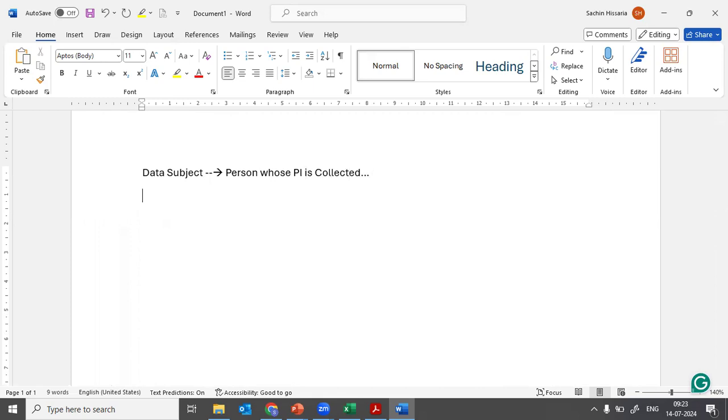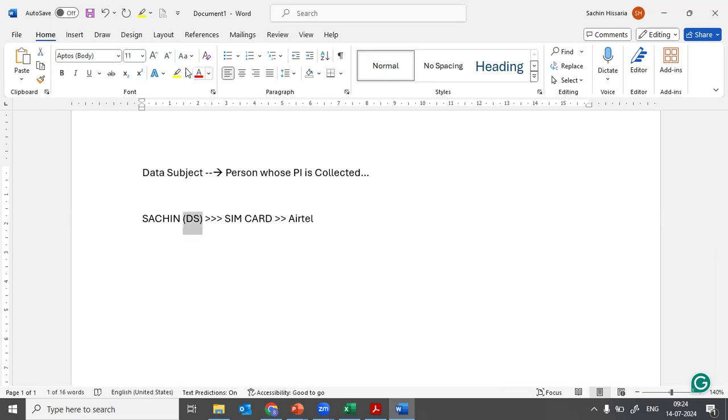For example, I am Sachin Hissaria. I went to buy a SIM card. I went to buy a SIM card with the Airtel company. Now, in this case, I am a data subject because I have shared my personal information with the Airtel company.